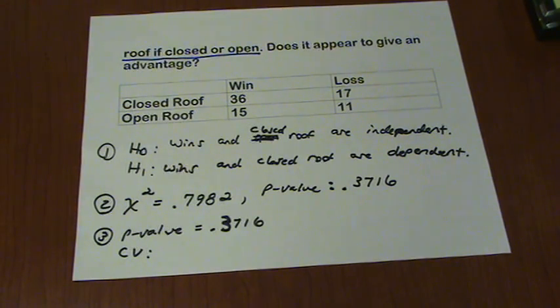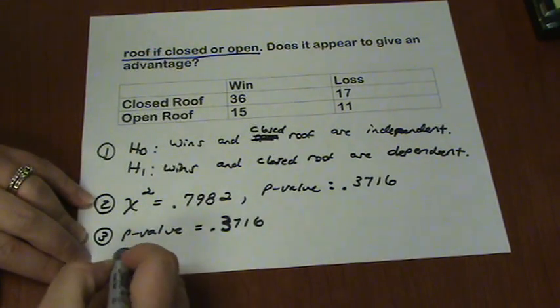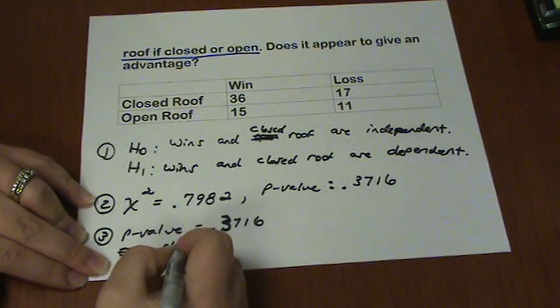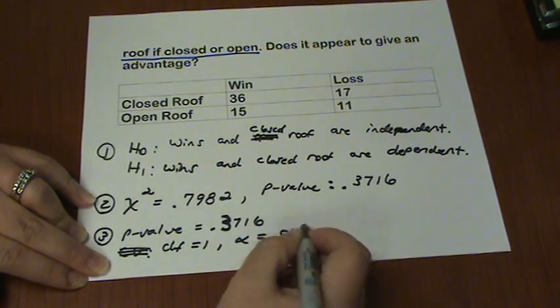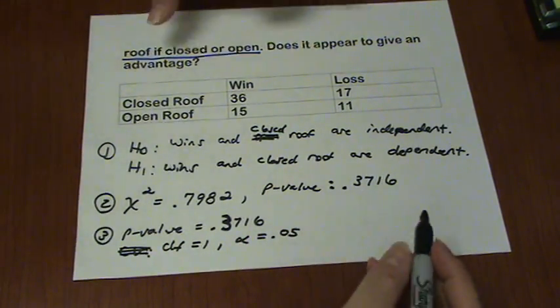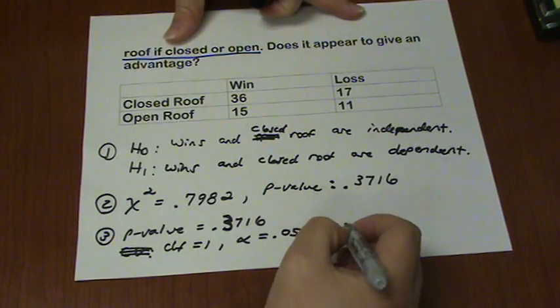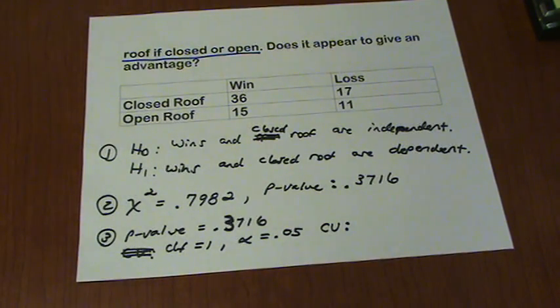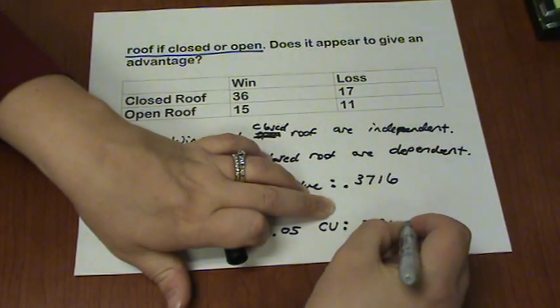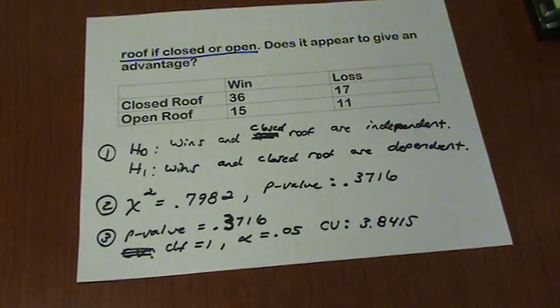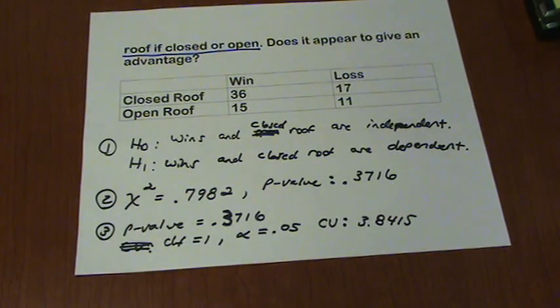In my case, degrees of freedom is 1. Alpha is 0.05, and I'm going to find my critical value. I'm going to go to my table, look for degrees of freedom 1. Critical value under 0.05 is 3.8415. That's the information I'm going to use to do my comparison.